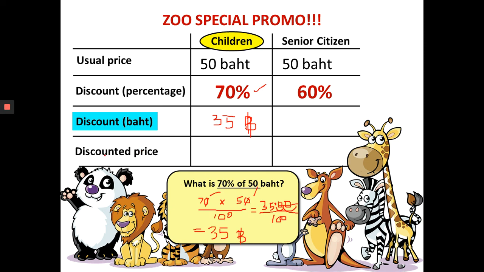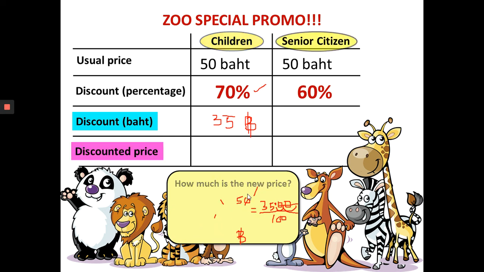Now, how much is the new price or the discounted price if the discount is 35 baht? That means you will deduct, right? We will deduct the 35 from 50. So let's see.